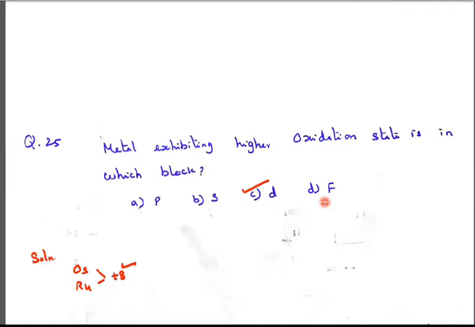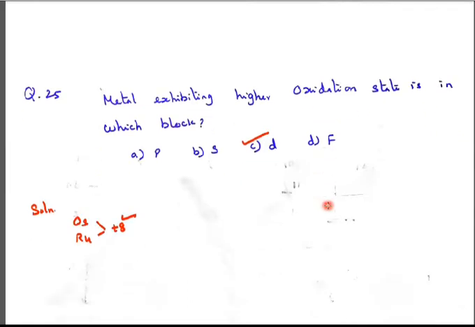S block are more electropositive, P block are less electropositive metals. Osmium and ruthenium alone have the +8 oxidation number. These are the two metals with the maximum oxidation state, and that too belongs to the D block.